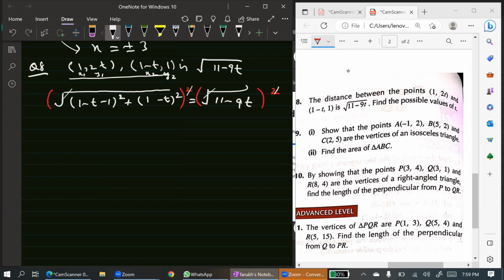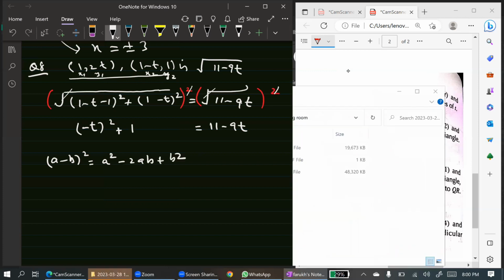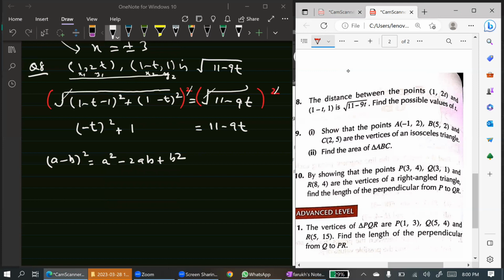We are left with 1 minus t square plus 1. Open the formula of 1 minus t whole square. The formula for (a minus b) whole square is a square minus 2ab plus b square. Apply this formula onto 1 minus t whole square.